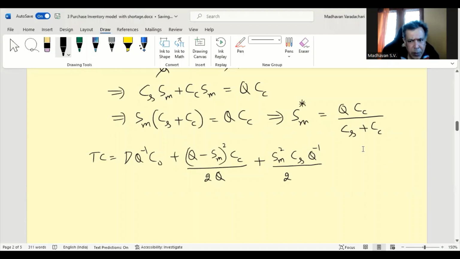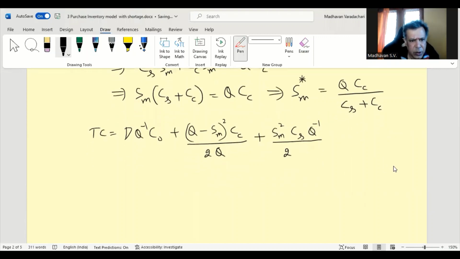Now partially differentiating TC with respect to Q, the partial derivative of TC with respect to Q will be, first term, it is D Co. If I differentiate Q inverse, it is minus Q to the power of minus 2, plus Cc by 2.